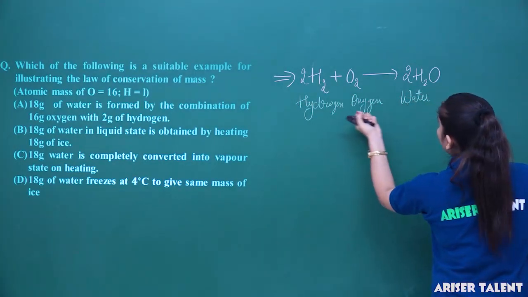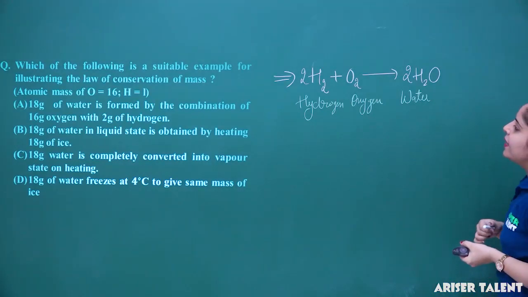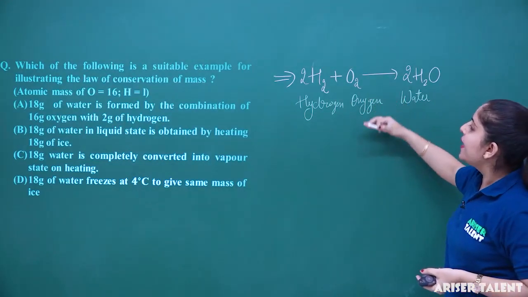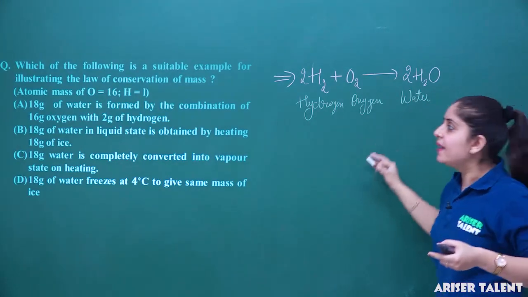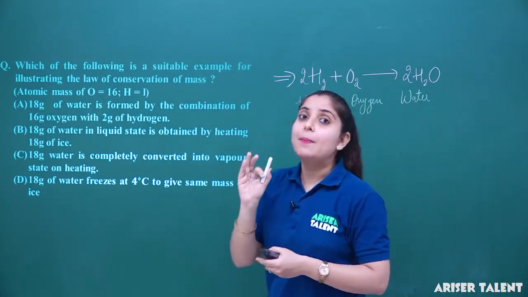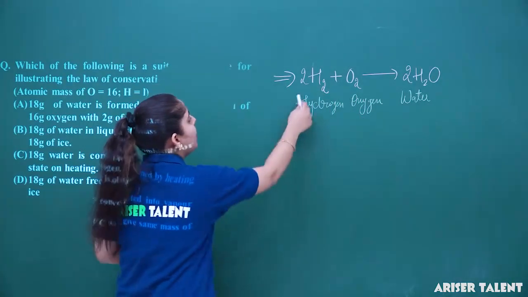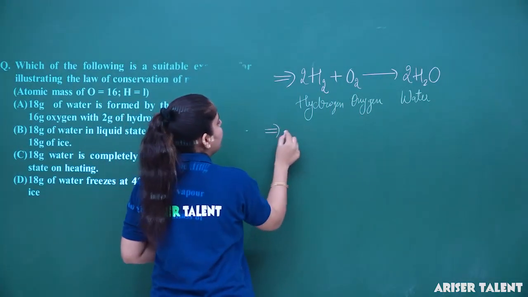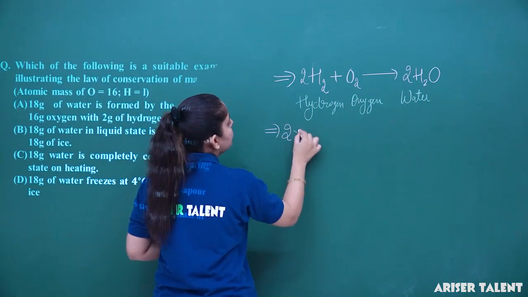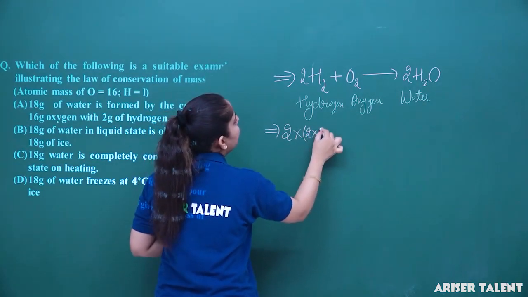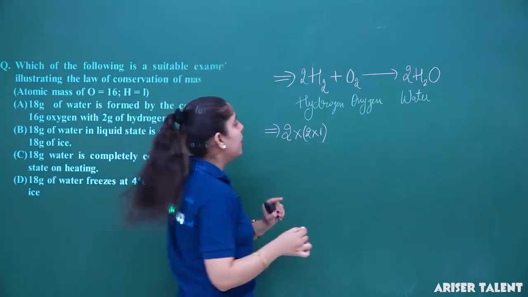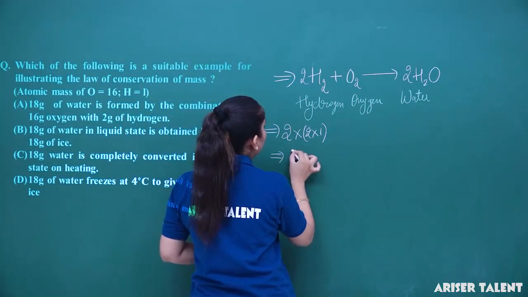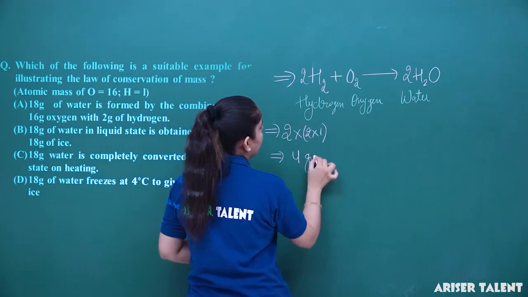Now, hydrogen and oxygen when combined give us water. So let us calculate the molecular masses of these substances to check whether the law of conservation is applied or not. I am calculating the mass of hydrogen here: 2 into 1. Why 2 into 1? Because 1 is the atomic mass of hydrogen. So it came out to be 4 gram.